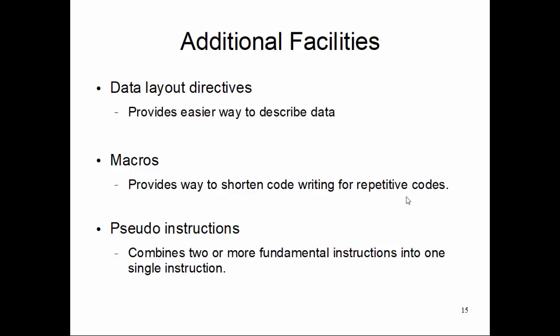Basically, about the pseudo instruction, usually any processor has a very limited number of instructions. If you look at the instruction set, maybe 96 different instructions, or 100, maybe 120, not more than that.